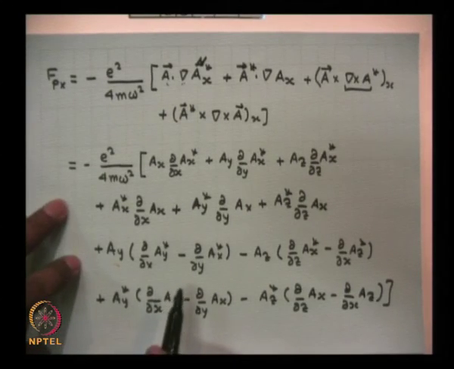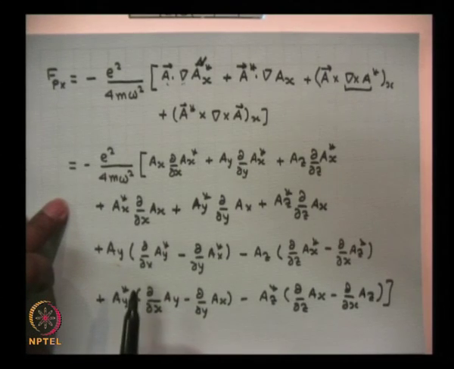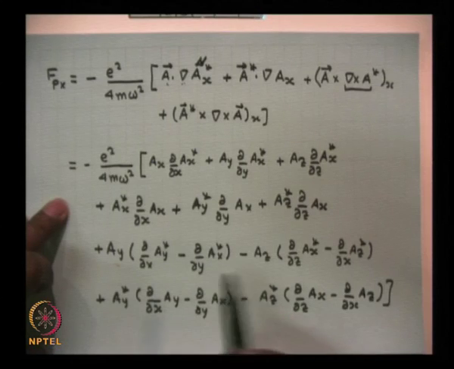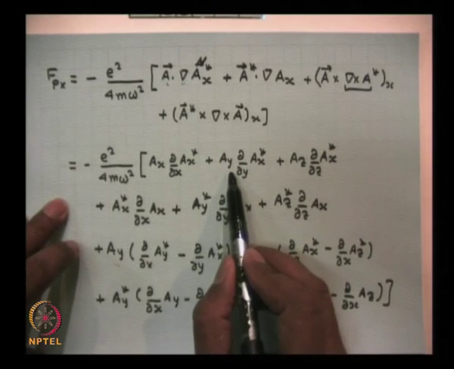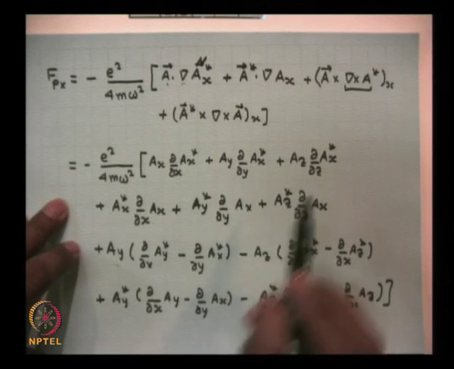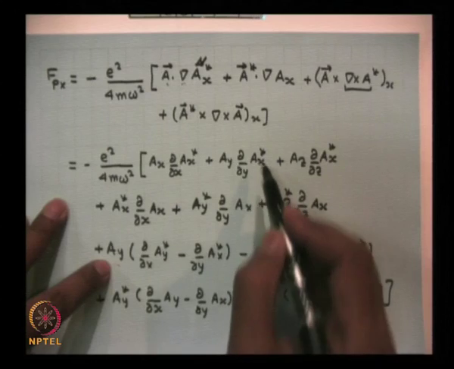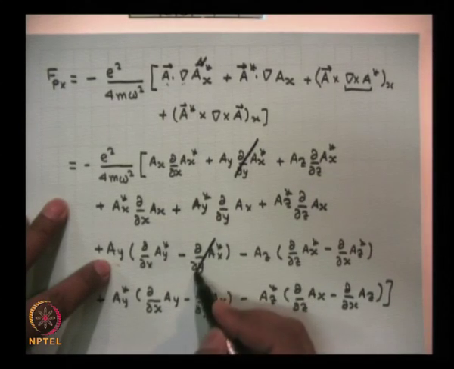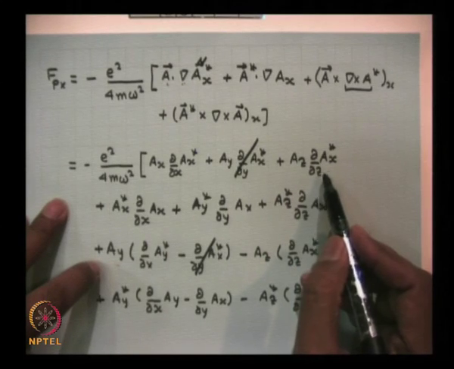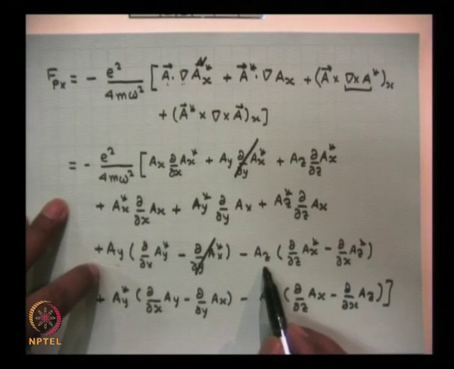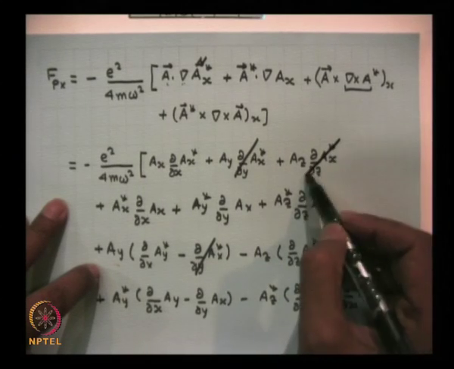Now, you may note here that only two terms survive, not two, I mean most of the terms cancel out. For instance, this term Ay ∂/∂y of Ax*, you will find Ay ∂/∂y of Ax* here as well, this term will cancel with this term. This Az ∂/∂z of Ax* term will cancel out with this.